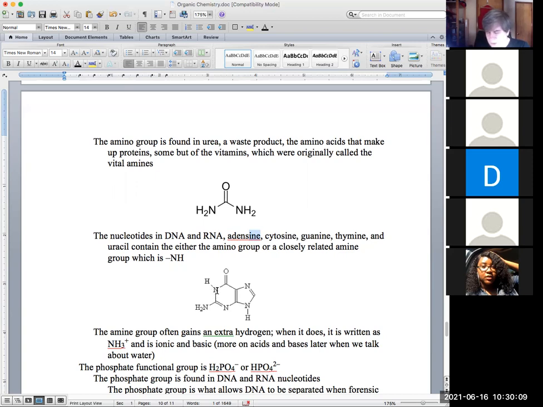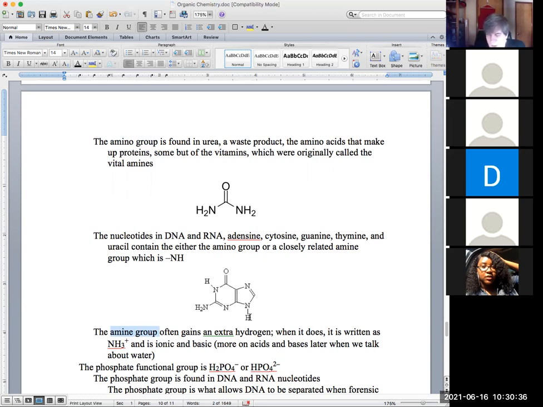These molecules all contain either a nitrogen with 1 hydrogen, not hydrogens, or a nitrogen with 2 hydrogens. Well, when we have 2 hydrogens, that's this amino group we've been talking about. If we just have 1 hydrogen attached to the nitrogen, it's usually called the amine group instead of the amino group.